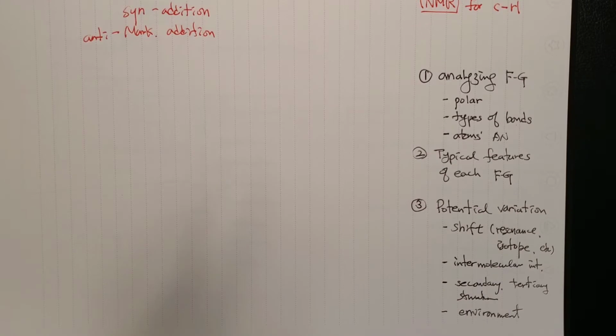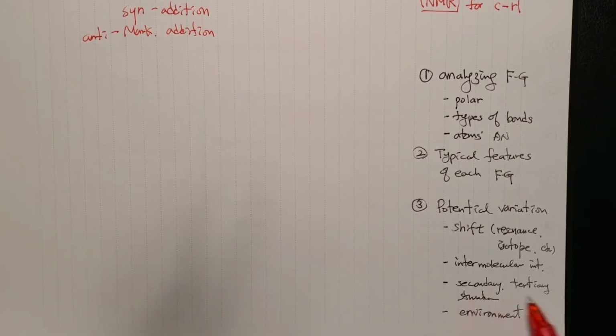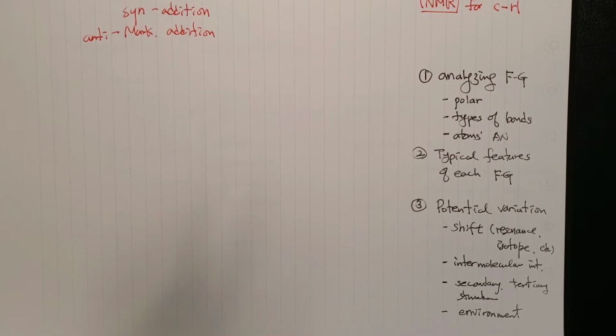Also, big molecules may have a secondary and tertiary structure, such as coils or beta sheets. Even in the smaller molecules, you could have a gauche interaction favored over anti-interactions, and so on. Also, you can have some potential variations when your molecule, the functional group, is embedded in the nonpolar environment or mixed with the polar environment. That can also cause some variations.